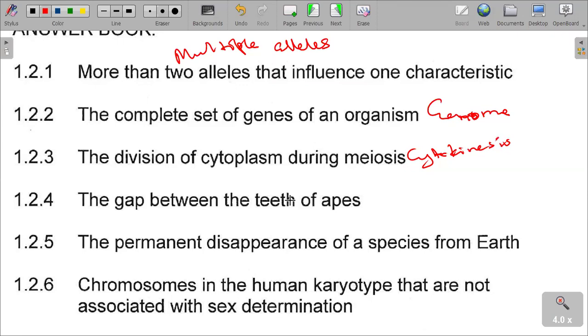And then the gap between the teeth of apes is the diastema. And then the permanent disappearance of a species on Earth, we call that extinction.